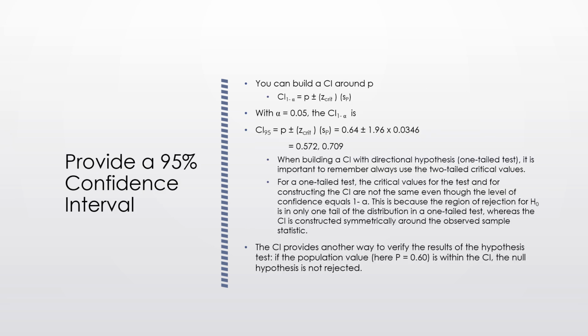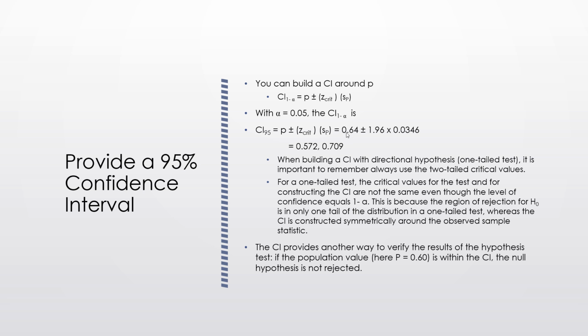To provide a range estimate of the possible support rate, we proceed to construct a confidence interval. With alpha equals 0.05, the 95% confidence interval is the sample proportion plus minus the critical z-value times the standard error of the proportion.